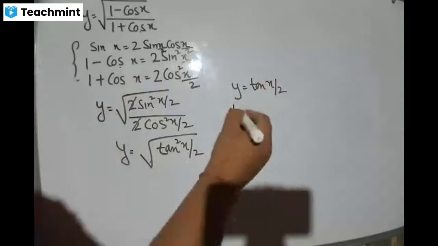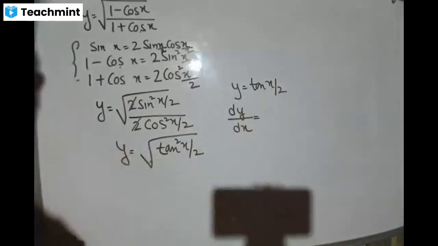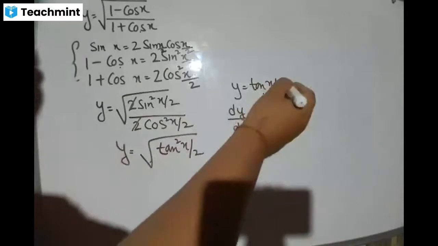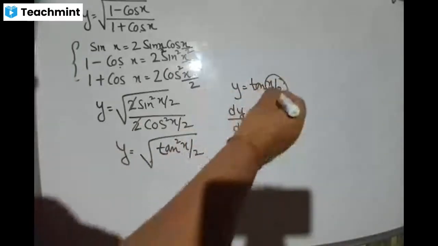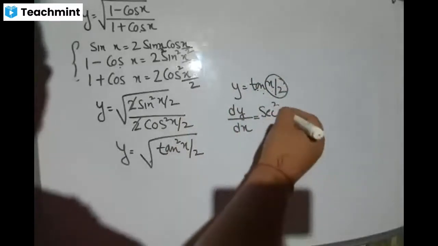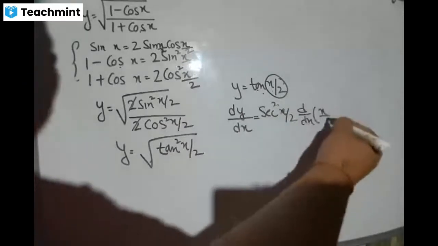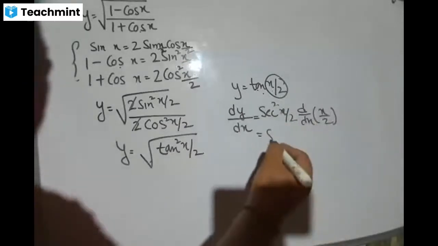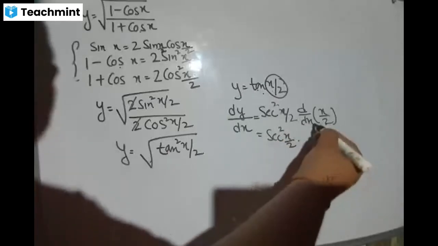Now isn't this easy to differentiate? Derivative of y is dy by dx, and derivative of tan should always be with x, but this is x by 2. So we assume this part as x. Tan x derivative is sec square x, but this is just an assumption. So d by dx of x by 2. So your final answer, sec square x by 2, as it is. 2 is a constant, comes out.